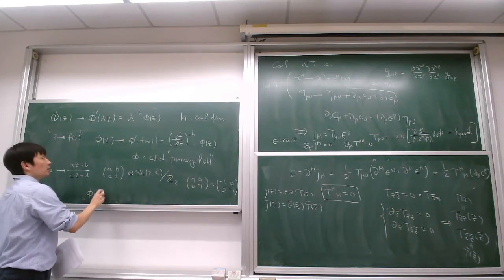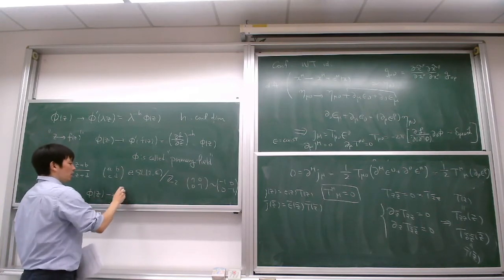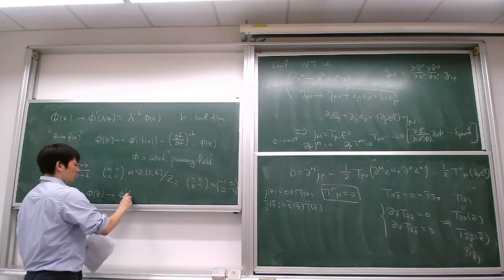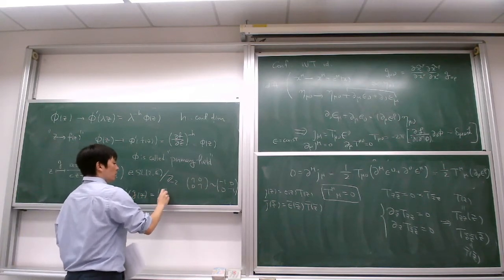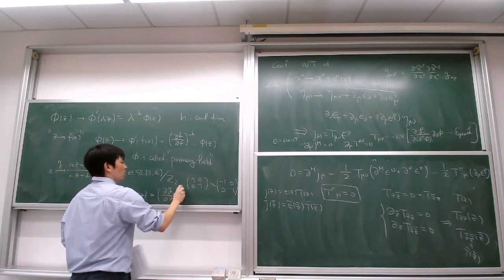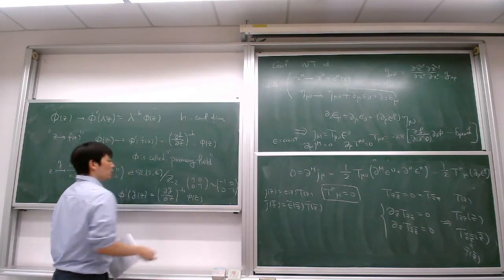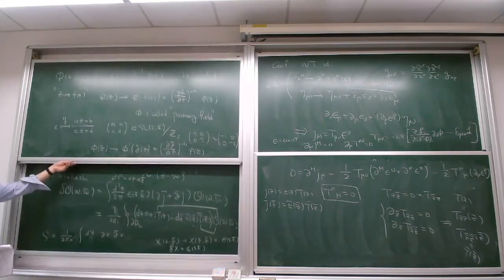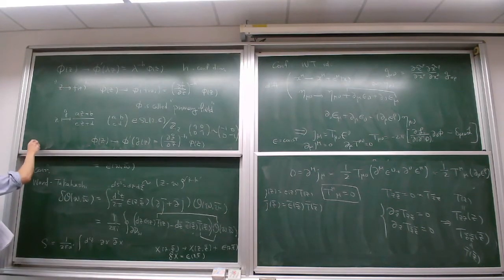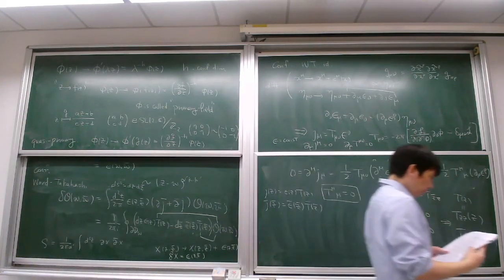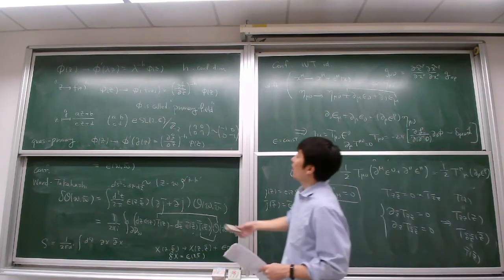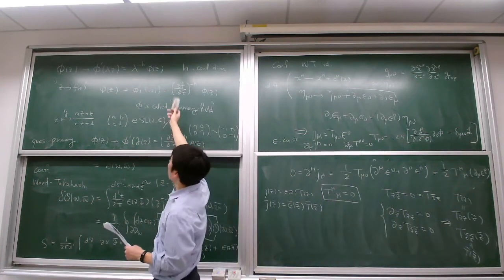So let's call this G. Under the transformation G of z, if the field behaves like this way, then it's called a quasi-primary field. And h bar is also called the conformal dimension.